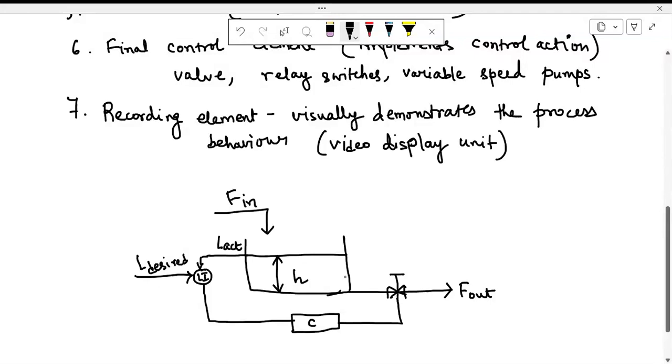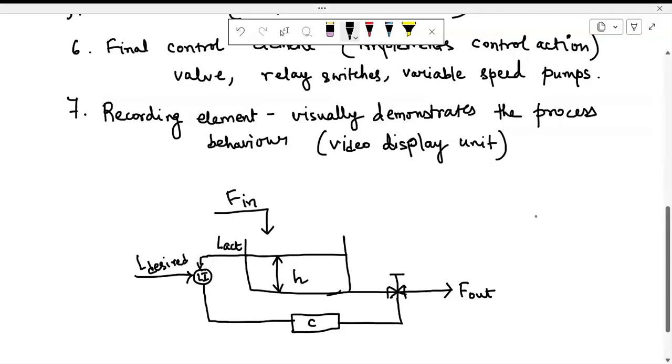So just in case the L actual is going to exceed the desired level, then the output flow rate must be increased so that the original height is returned. In case the L act is lower than the desired height, then the output flow rate should be reduced.